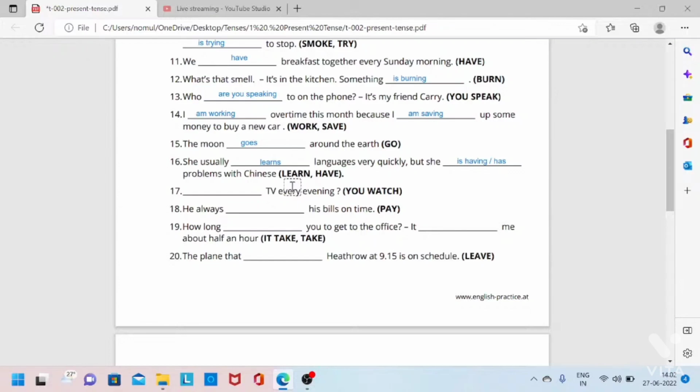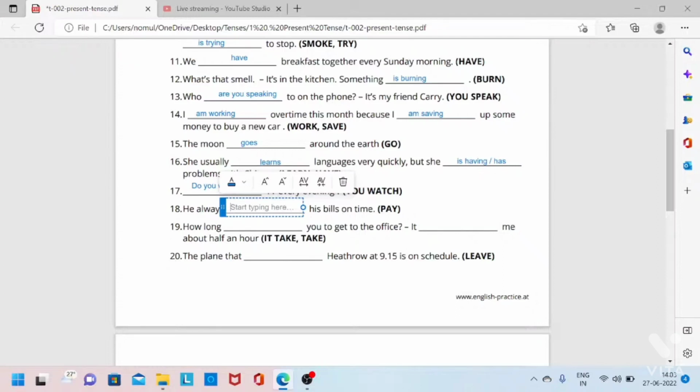And next, TV every evening. So here we will start like, do you watch TV every evening? Yes, do you watch TV every evening? And 18th, he always pays his bills on time.